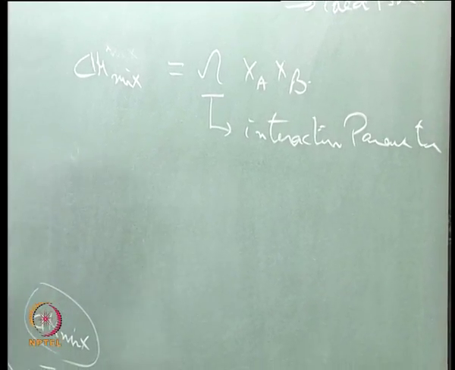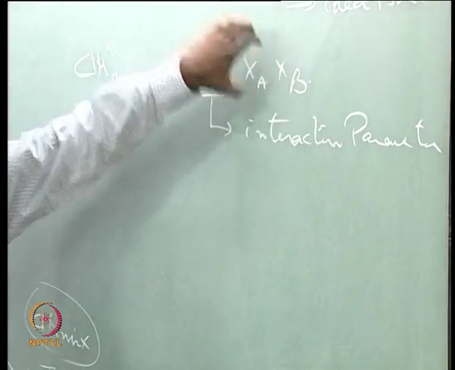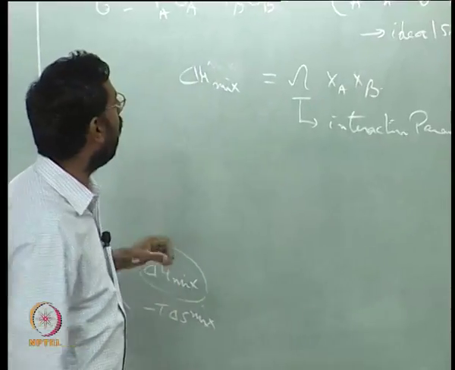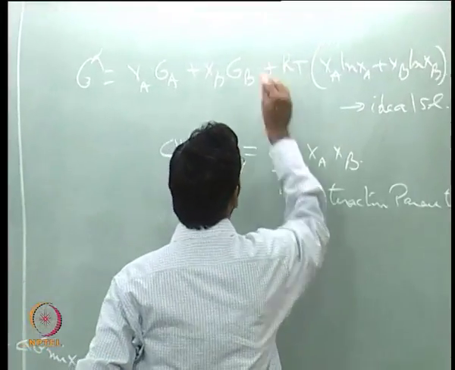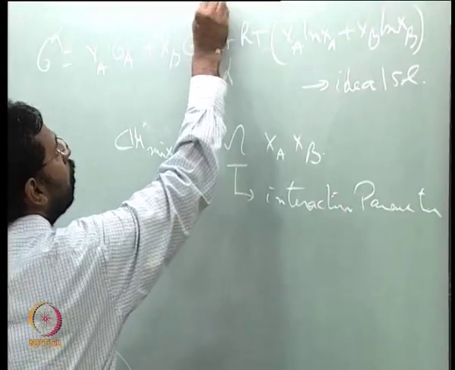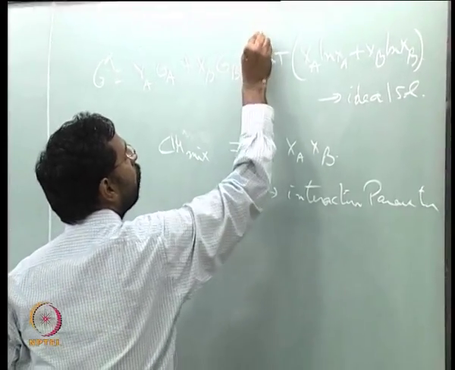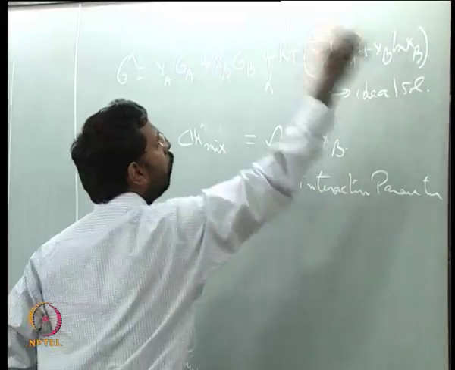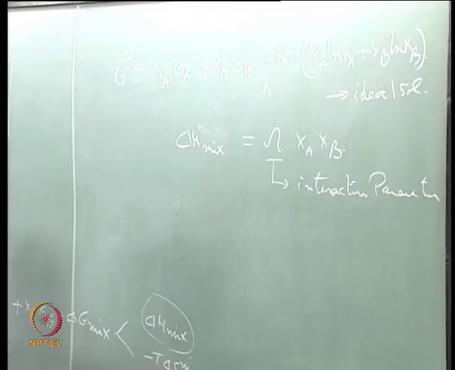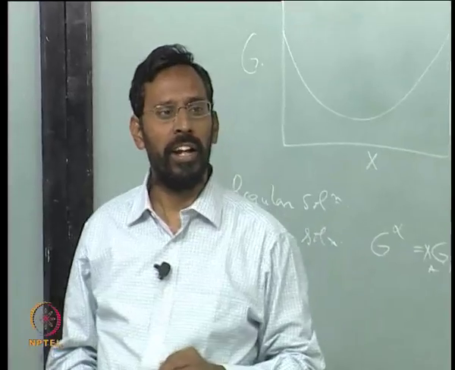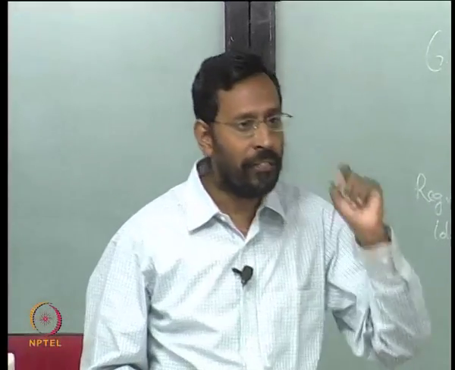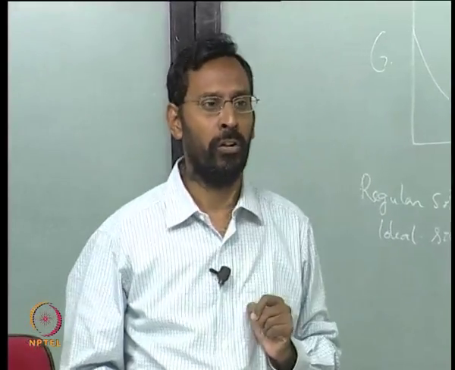I can now put this in, and I will not rewrite the whole thing, I will simply say plus omega XA XB, and that would become the free energy of a solid solution if it follows a regular solution model.